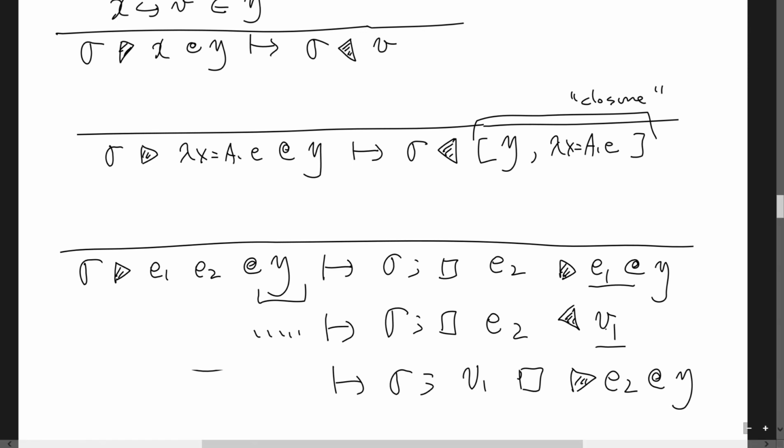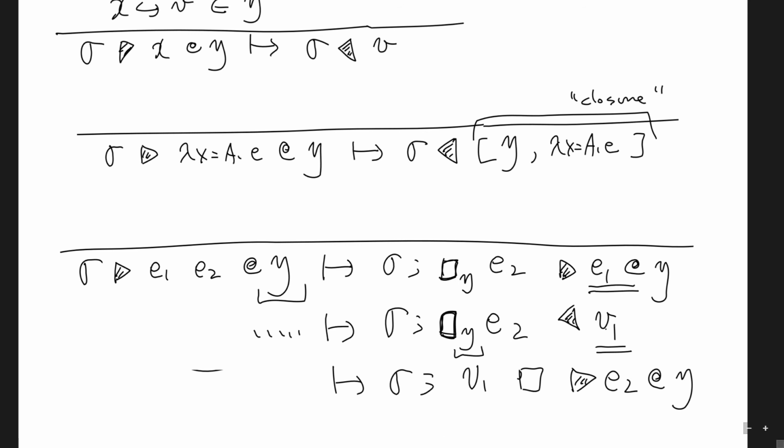So we have to remember the environment eta somewhere in this frame. And the trick that we employ is we annotate this hole with eta, so that later, when this guy returns a value v, we can restore the environment eta by looking up the annotation in this hole. That's the reason that we'd like to annotate this hole with eta.